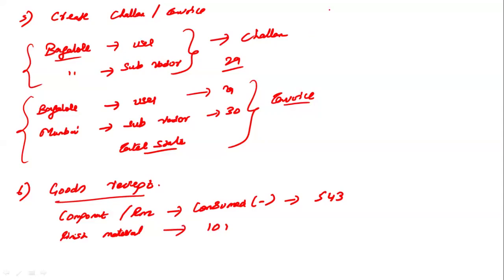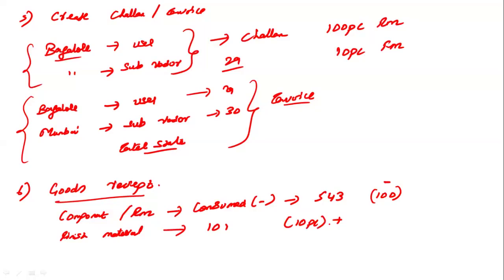So in this challan, for example, I am sending 100 pieces of raw material to get 10 pieces of finished material. When I do the goods receipt, 100 pieces are getting subtracted and 10 pieces are getting added. As per the SAP system, everything is fine.